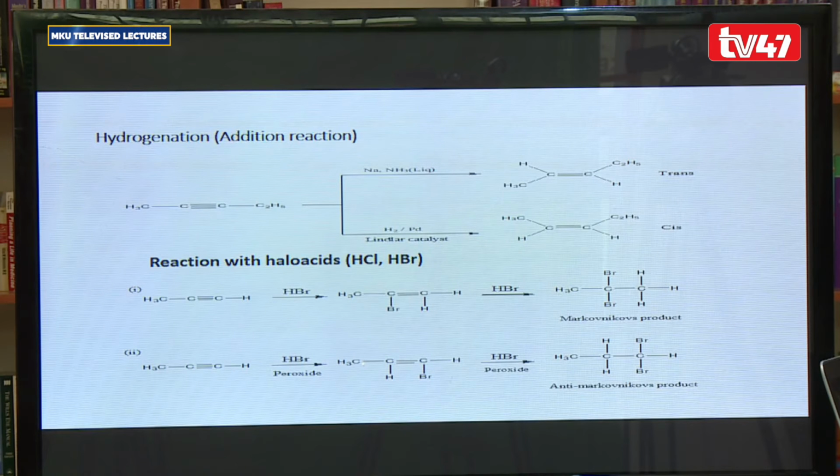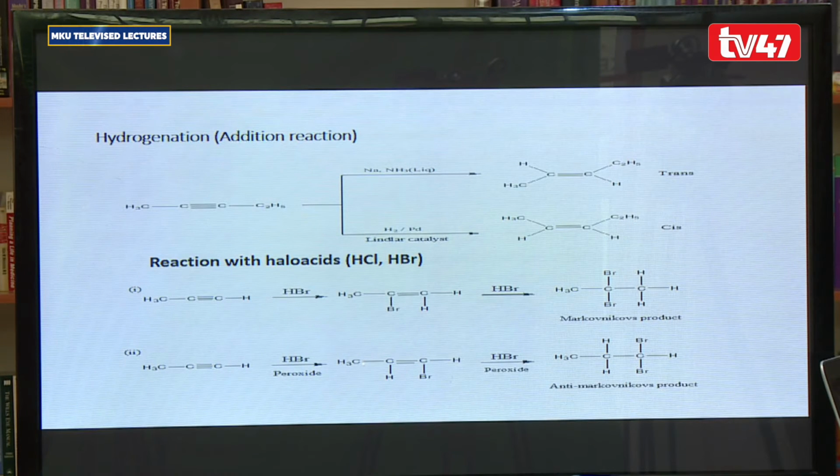In the presence of sodium in ammonia, the resulting alkene, where possible, is a trans isomer, while in the presence of palladium as the metal catalyst, what we call Lindlar catalyst, the resulting alkene is a cis isomer.